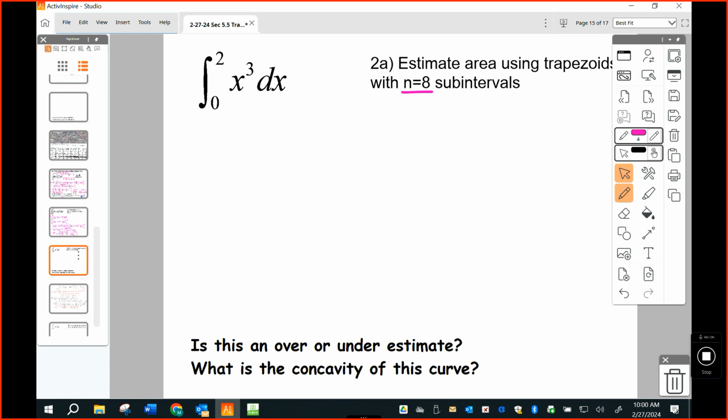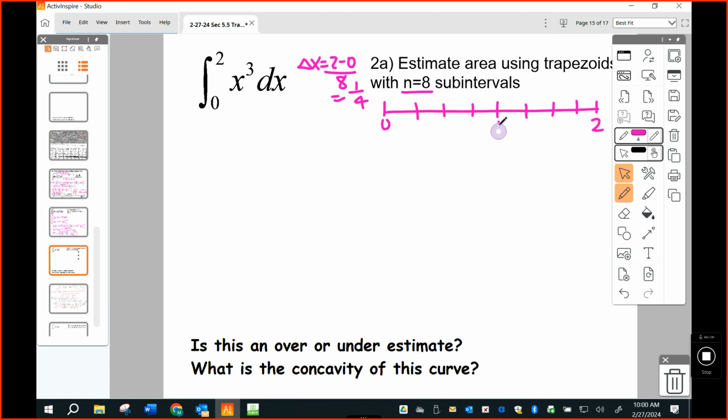All right, start by finding your delta x. Delta x equals 2 minus 0 divided by 8, which is 1/4. Let's do it together, everybody. Draw your number line, going from 0 to 2, divided into 8 equal subintervals.